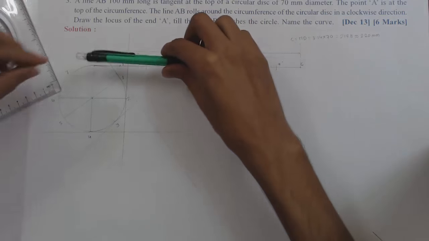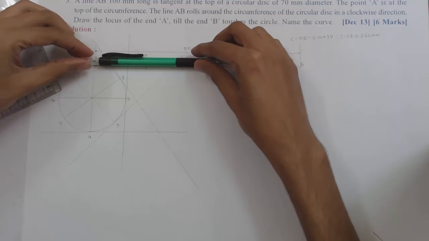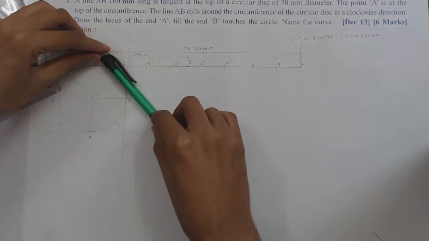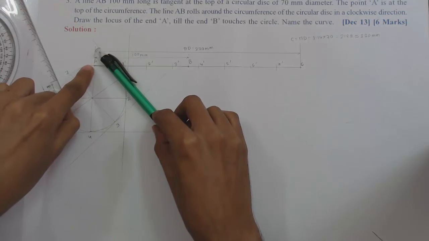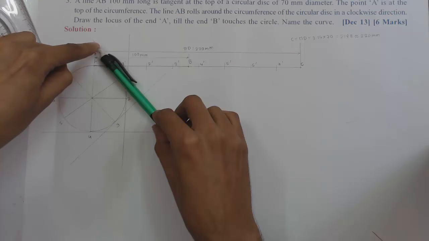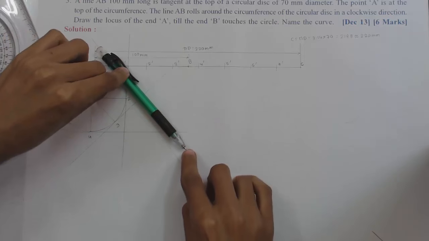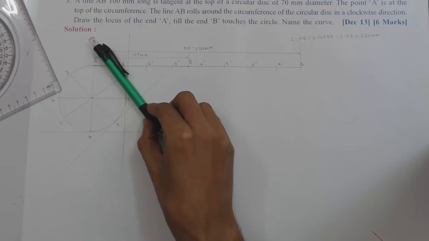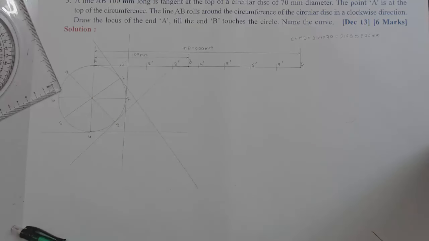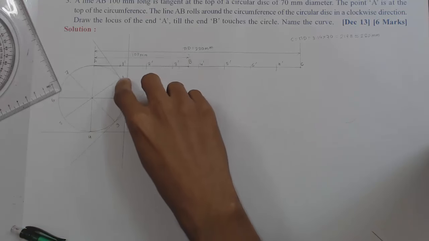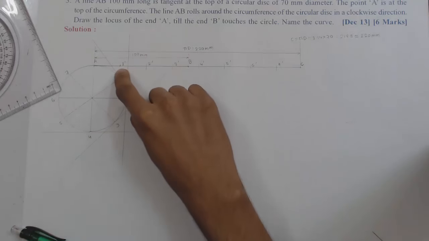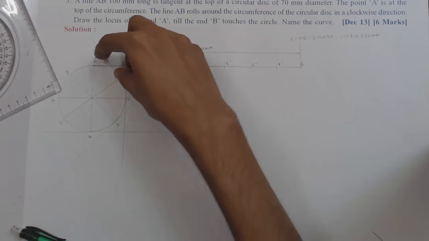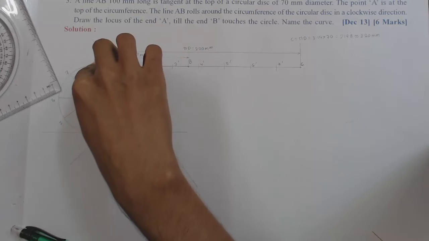Now see here, if I assume this pencil as line AB, when I am rotating along the circumference of a circle, the end A, whose initial position was here, will move to this point, and B will come at this line. So the line AB will become tangent at this point. After rotation for 1/8 division, 1 dash will coincide with 1, and on this side I will get part A1 dash.